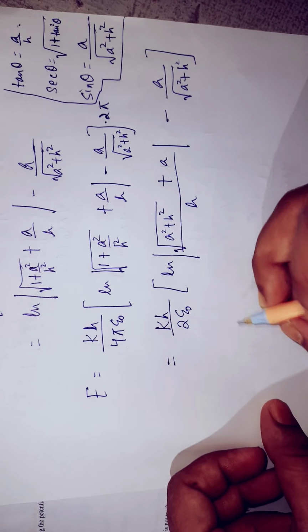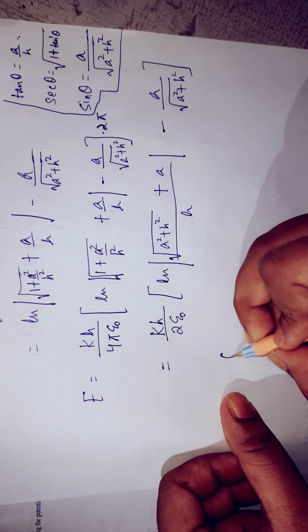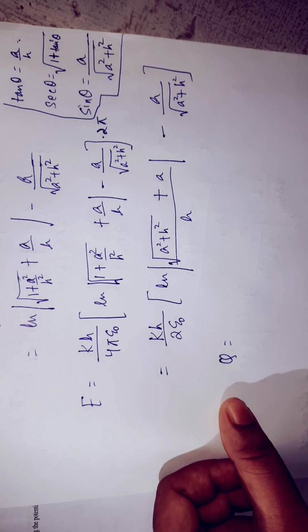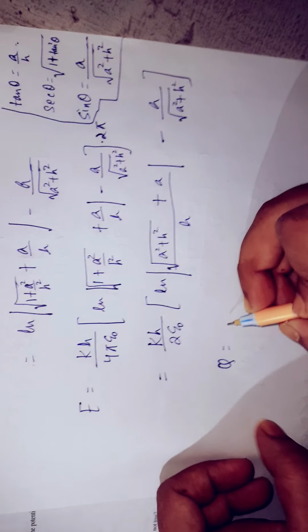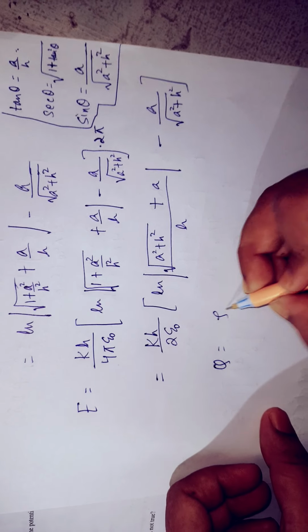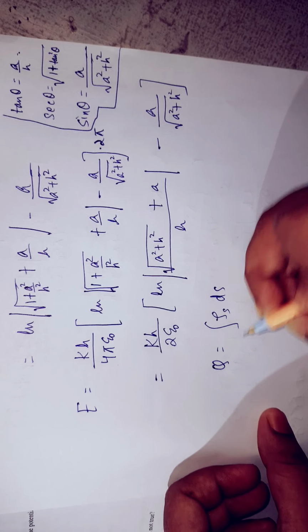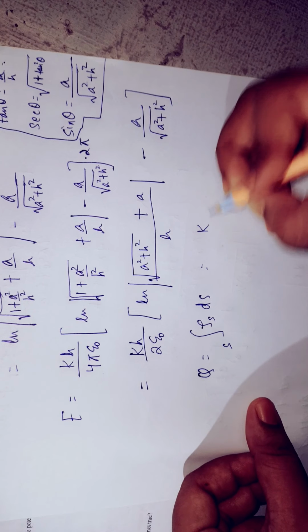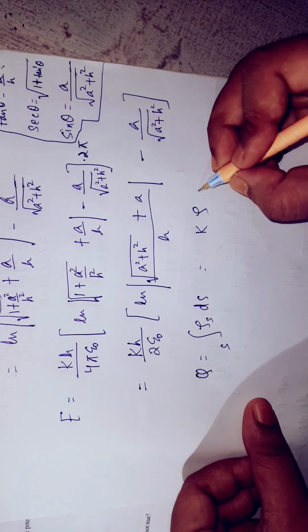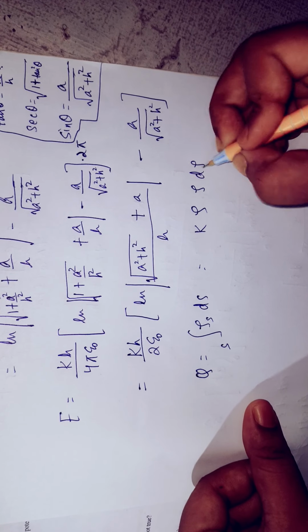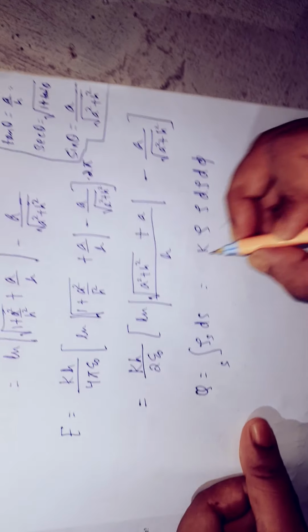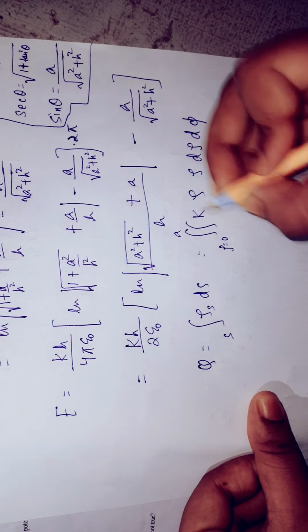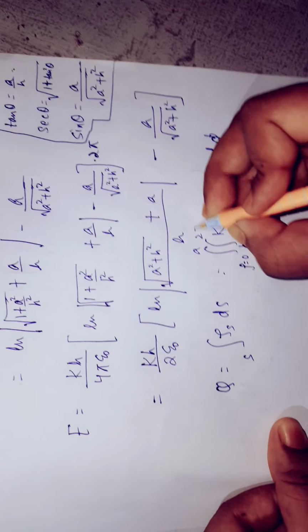It was given in the question that you have a charge q that is produced by rubbing it on the ebonite surface. Our surface is this disc. This is rho s into ds. You can take out the charge like this, and our rho s is given as k rho. Our surface element, as you saw, is rho d rho d phi. Then let me integrate it, that is rho from 0 to a, and phi from 0 to 2 pi.